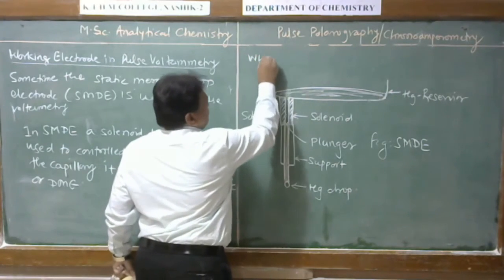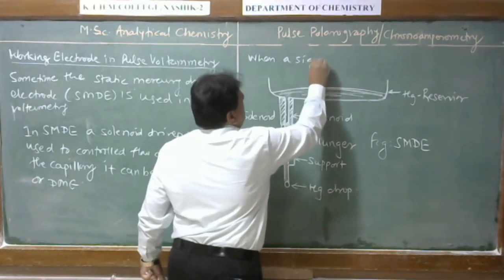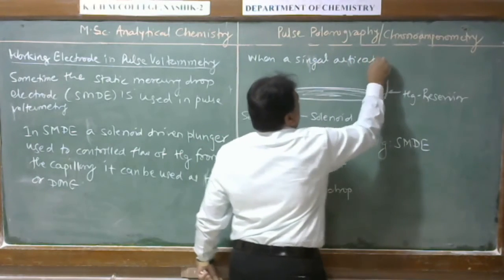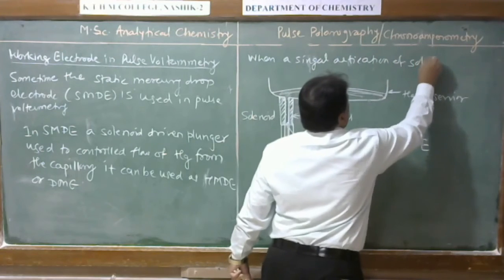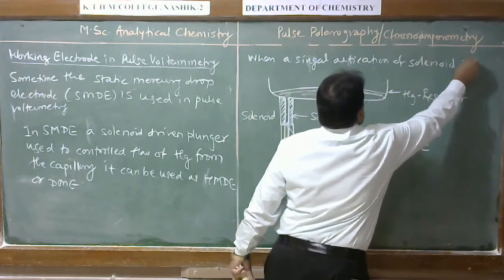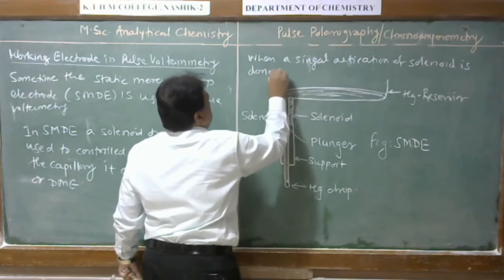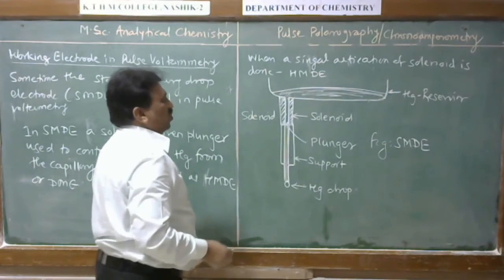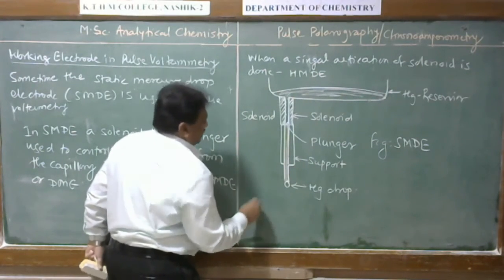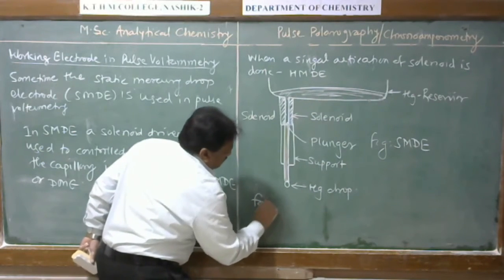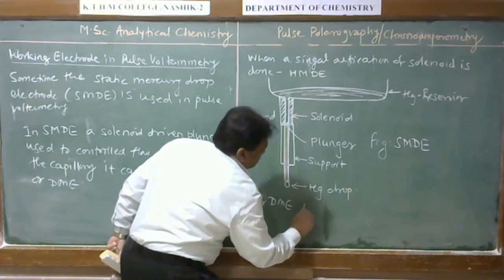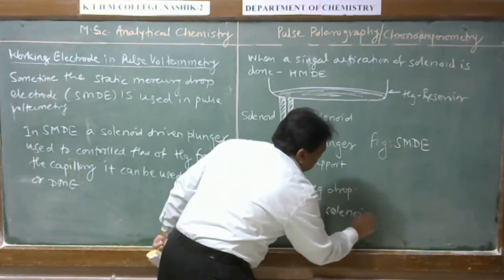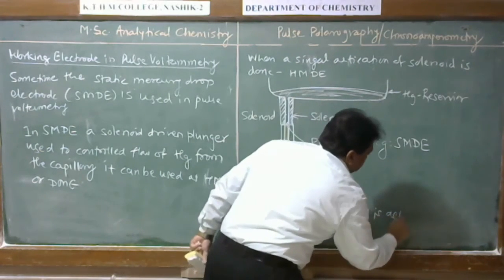When a single activation of the solenoid is done, then it is a hanging mercury drop electrode, and if the process is repeated, that is, the solenoid is activated repeatedly, then it is a DME.